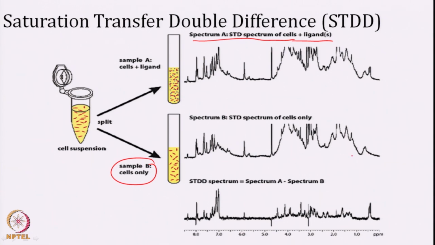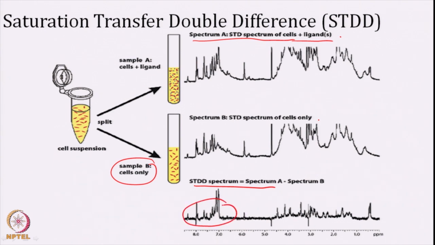If you take the difference of the STD where cell plus ligand was there and the STD where only cell was there, spectrum A minus spectrum B, that is called saturation transfer double difference, and you get a few of the peaks that are actually shown in this spectrum.